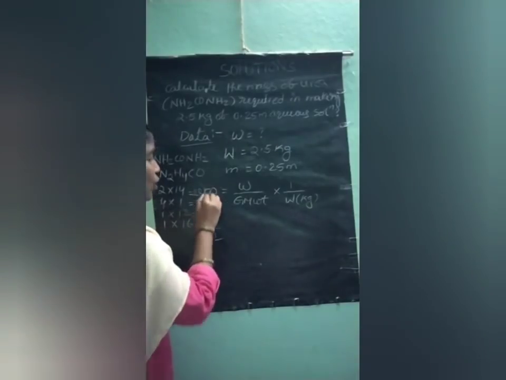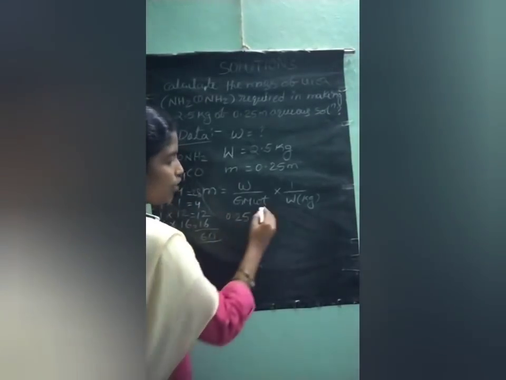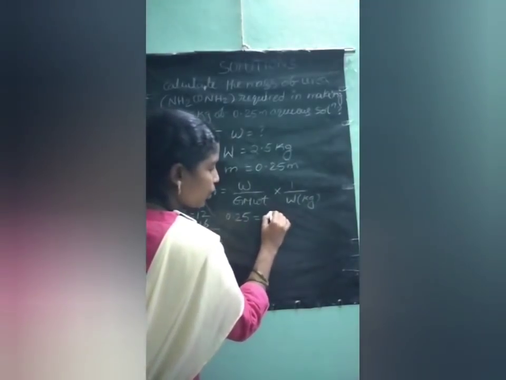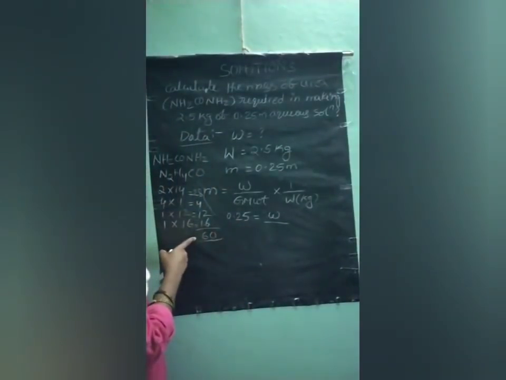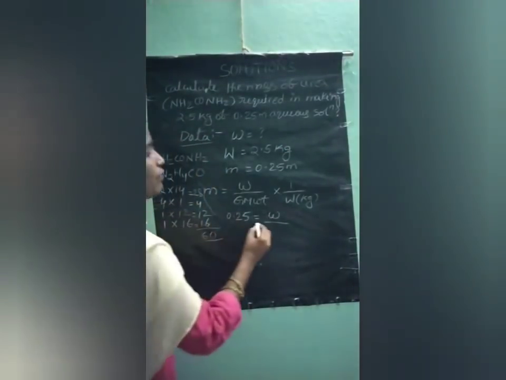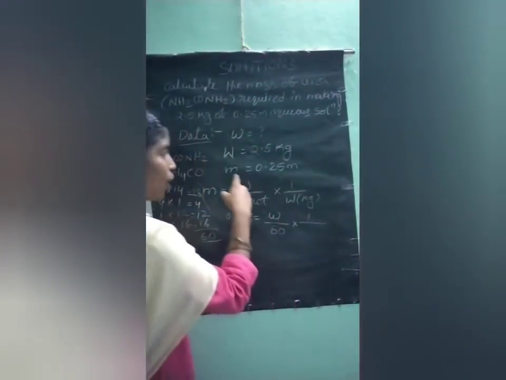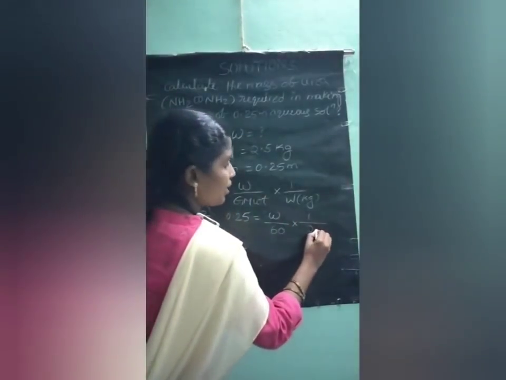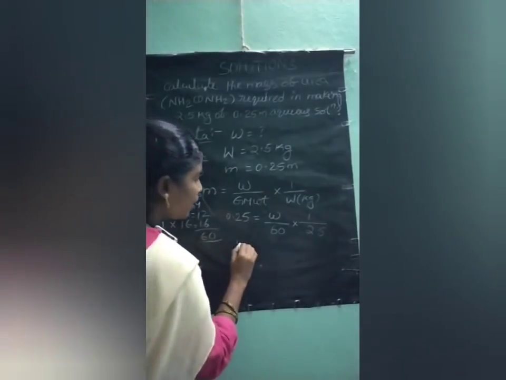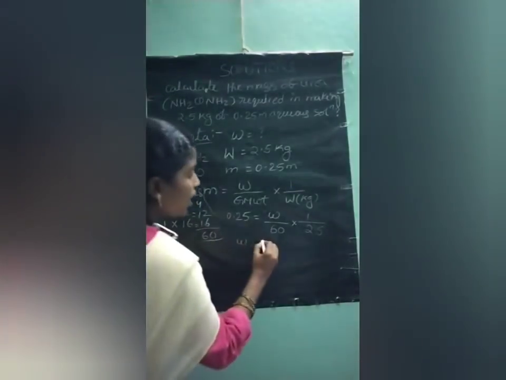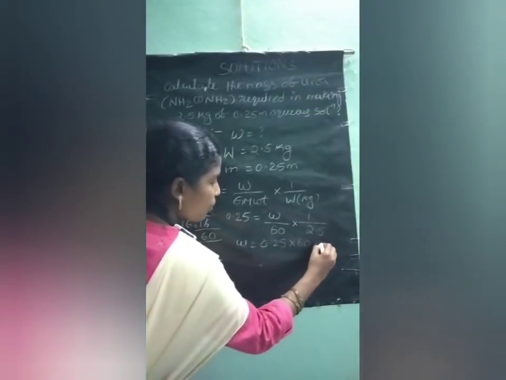The molality of the solution is equal to 0.25 molar, and weight of the solute we don't know, so X. So weight by gram molecular weight of solute, that is urea gram molecular weight 60, into 1 by weight of the solvent, 2.5 kgs. So we calculate only the weight of the solute, which is 0.25 into 60 into 2.5.